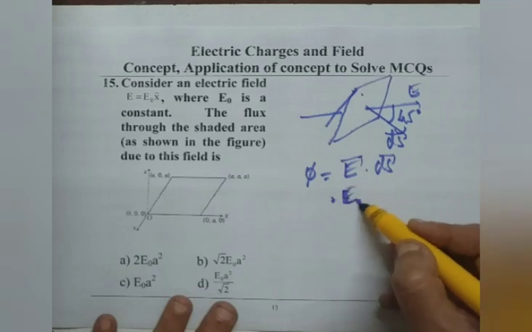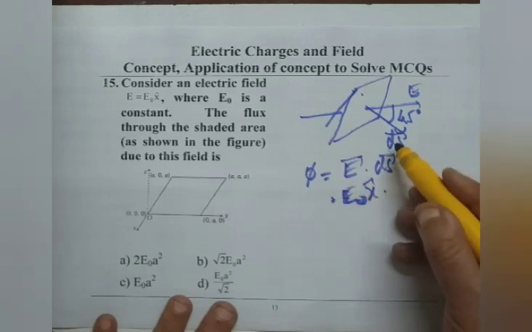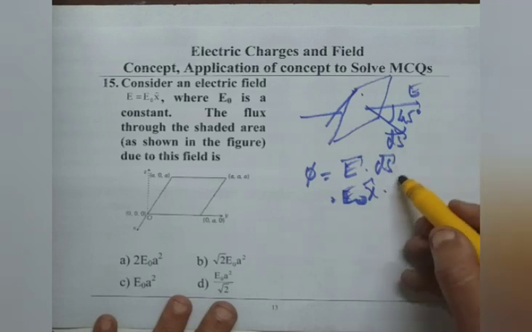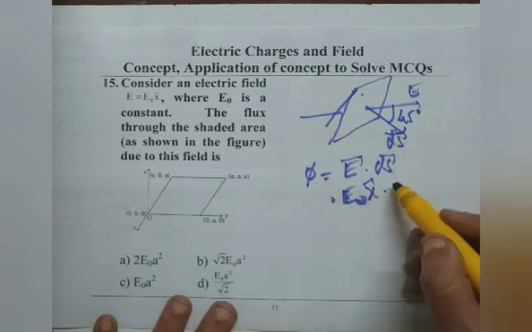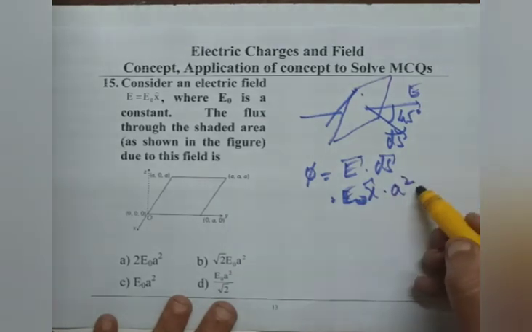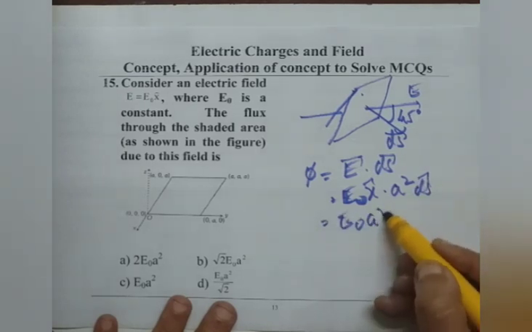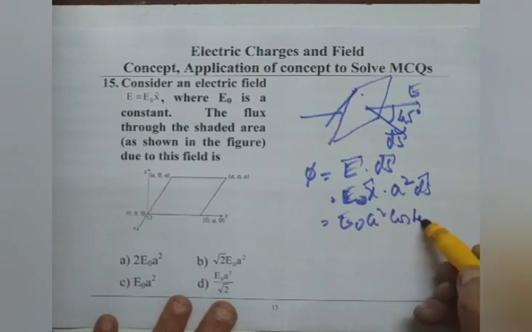E is E naught x cap, dot dS is area, square, all the sides are a, so a square into dS unit vector. So E naught a square cos 45 we can write.